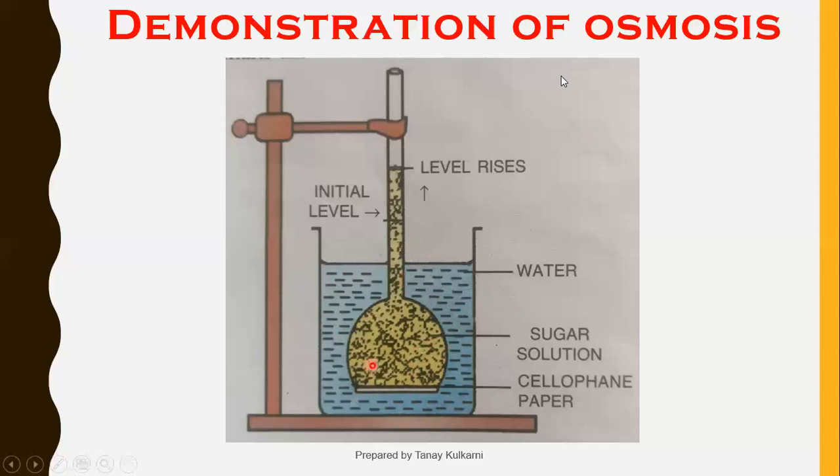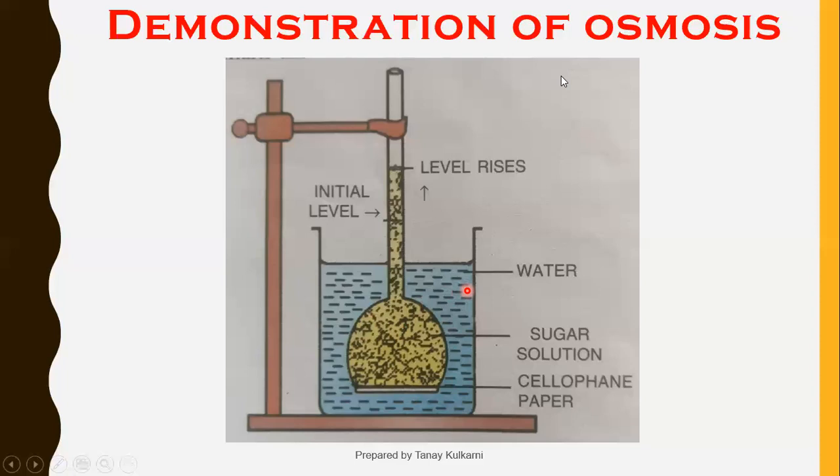Okay, so the two important points from this experiment: what we have to understand is that there are two liquids of different concentration, correct? Now if you see in this picture, the sugar solution has more sugar molecules but less water. In the water, there is more water but less sugar.